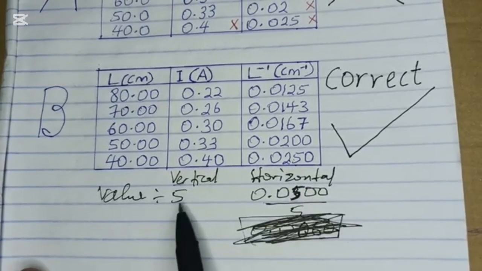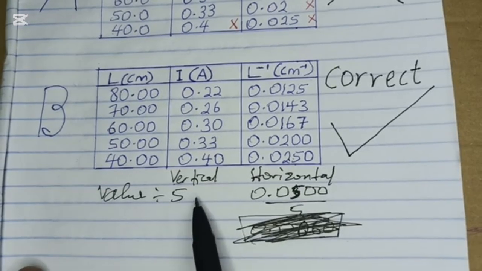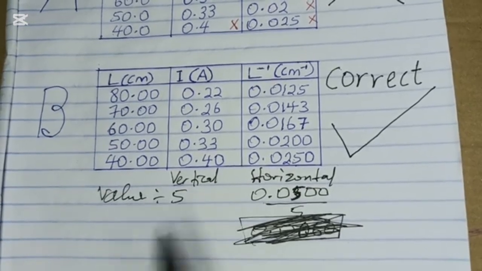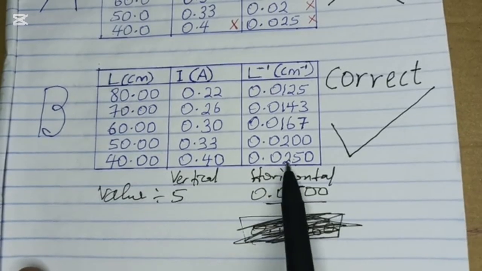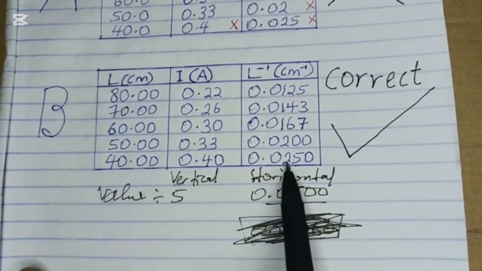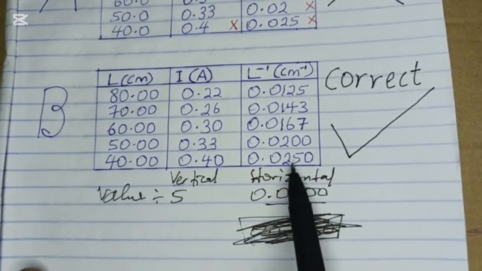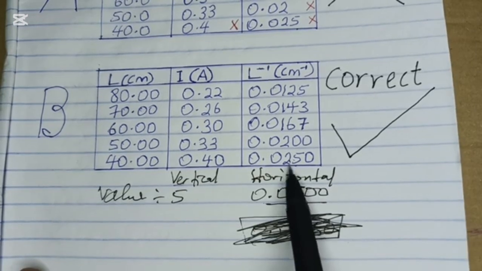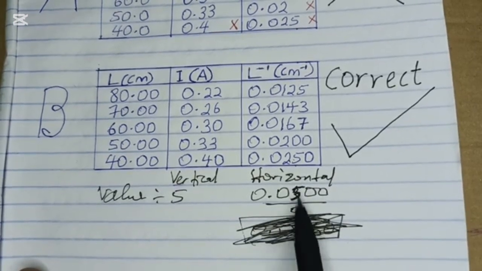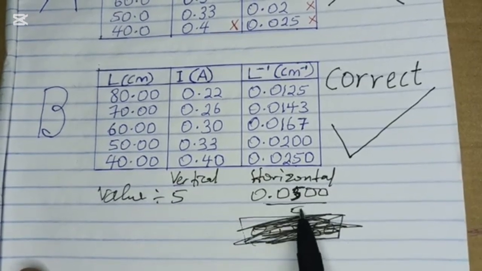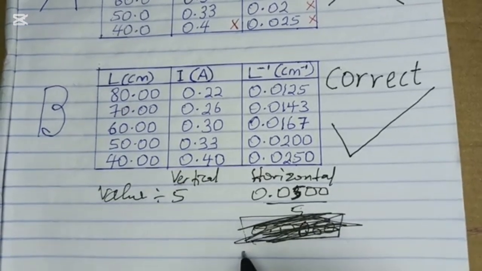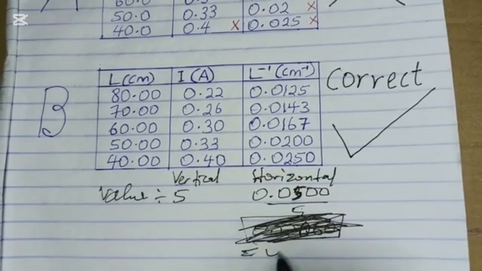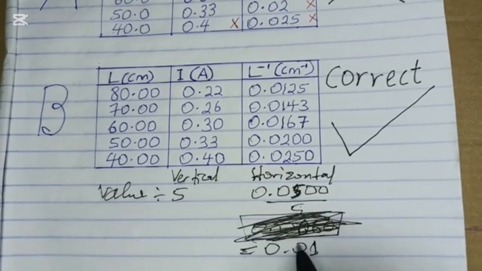And our graph must take, I love to take 2/3 of the entire graph. Our drawings must take 2/3. So this will cater for it also. This one is 0.02. I would like to go for the nearest value that is divisible by 5, which is 0.05. See now? So I can easily divide this by 5. Once I divide this by 5, this will give me 0.01.